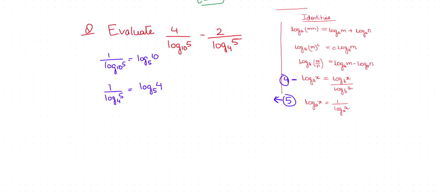So we used property 5 and we wrote 4 times log base 5 of 10 minus 2 log, we interchange base and argument, log base 5 of 4. Now we can use property 2 here and simplify this further.